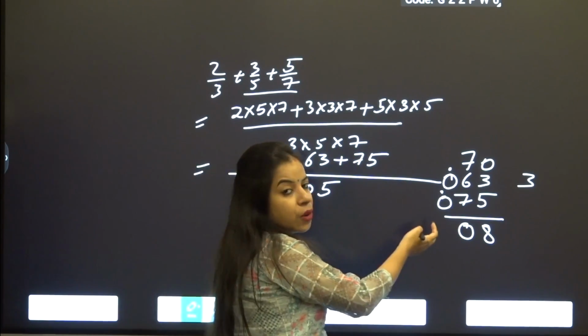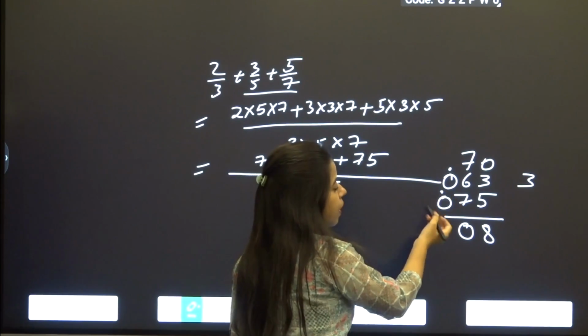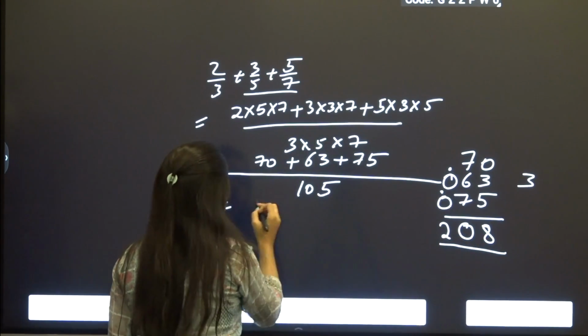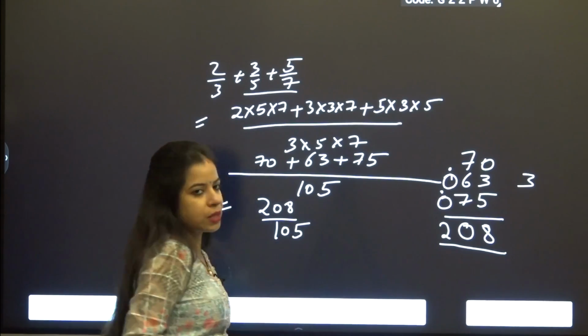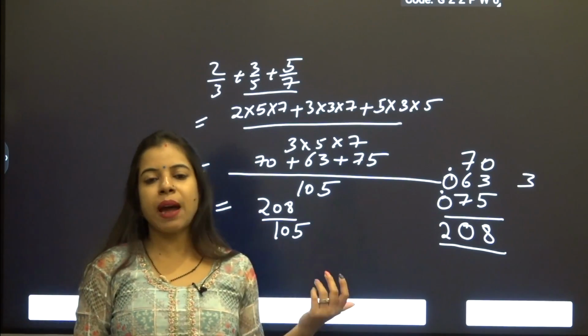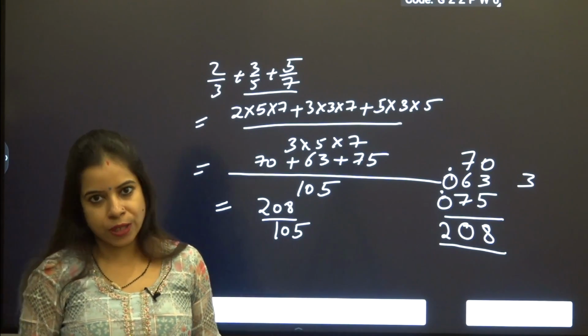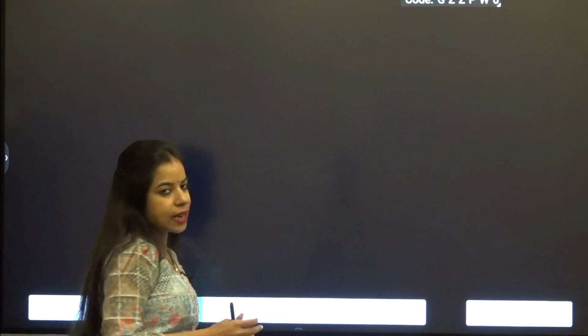So of 0, Ek Adhikena Purvena of 0 is 1. So this is 1, again 1, 1 plus 1 is 2. So the answer is 208 by 105. So in this manner we can add 2 or more than 2 fractions in Vedic mathematics. Next comes the subtraction.